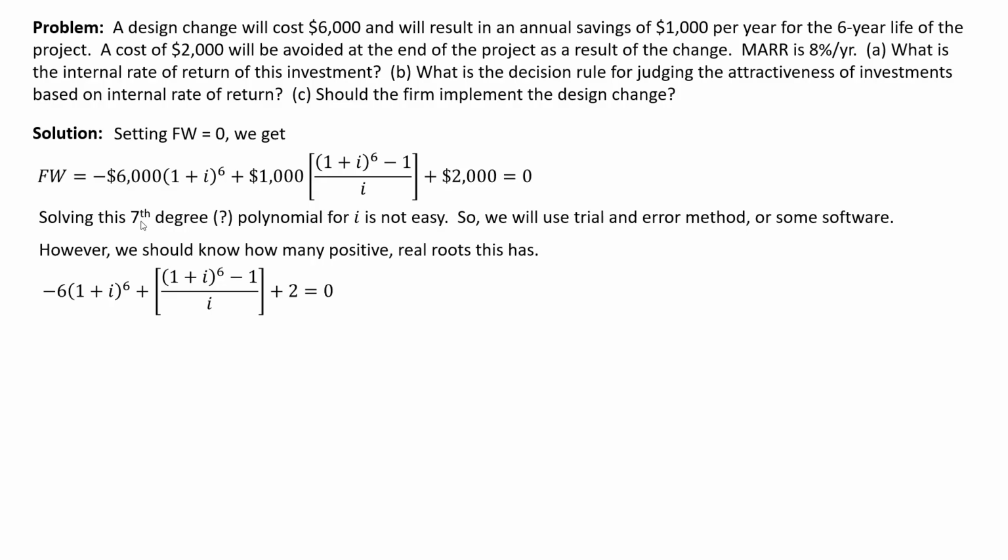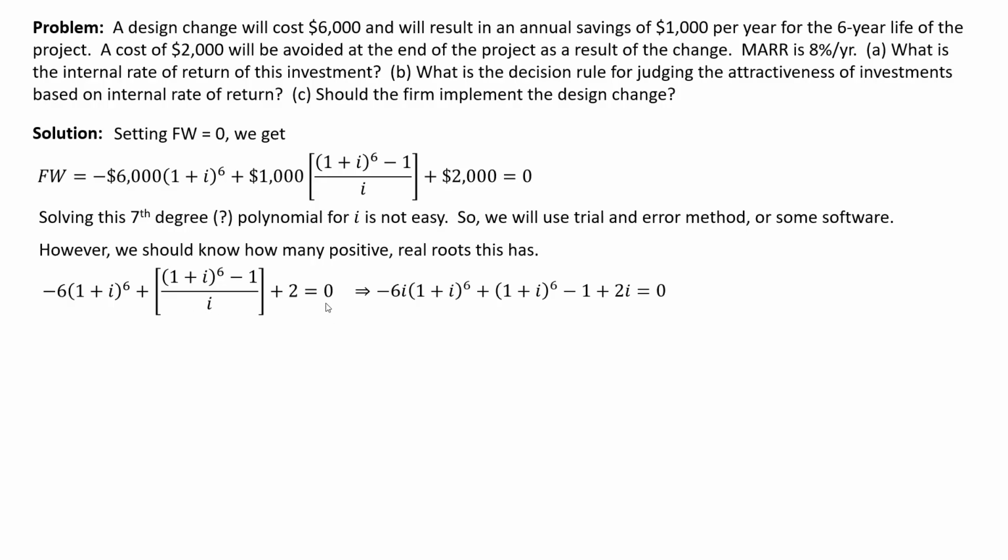But I still need to answer the question of, is that a seventh degree polynomial? Let's see. Then, would you agree? I can multiply both sides by i, because there's an i in the denominator.